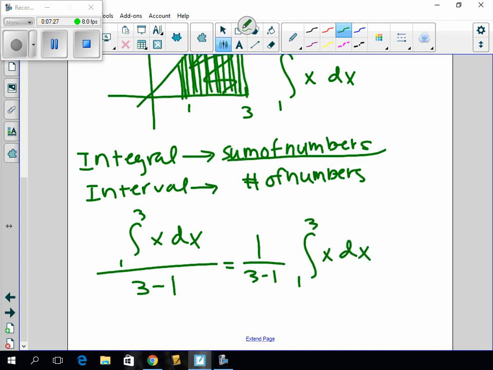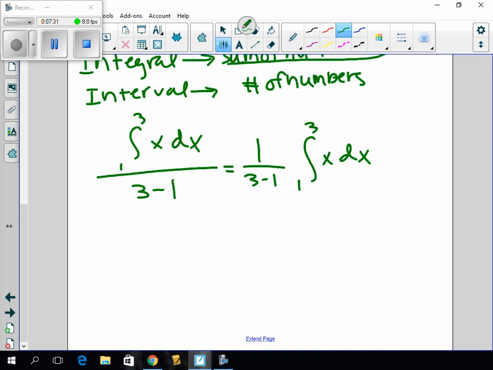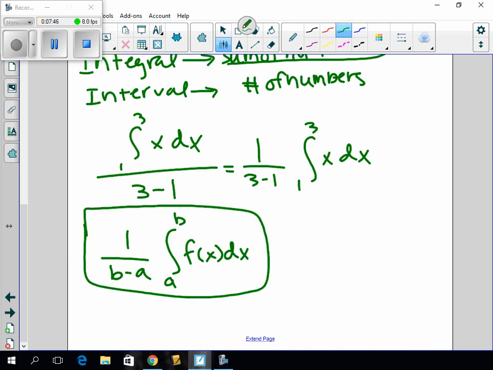This idea we're going to use to find the average value of our functions, and I'm just going to rewrite it using dummy variables: 1 over b minus a times the integral from a to b of f of x dx. And so this is how we use the integral to help us find the average y value across our function.